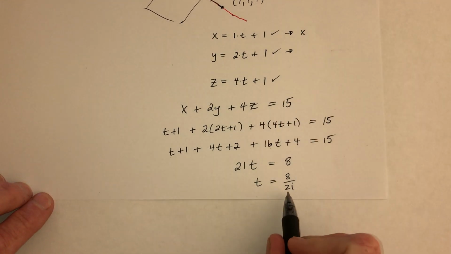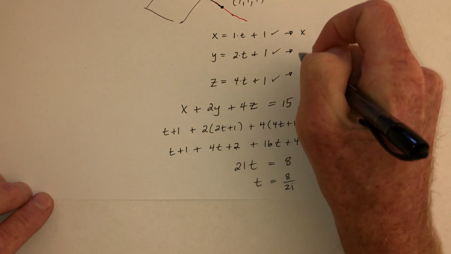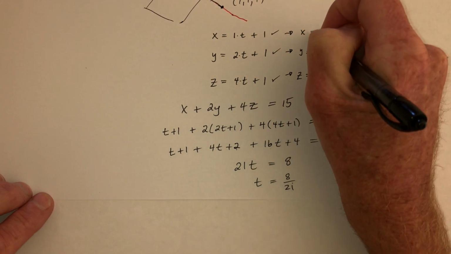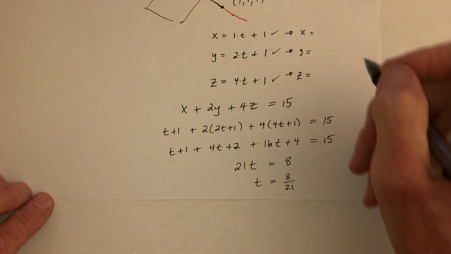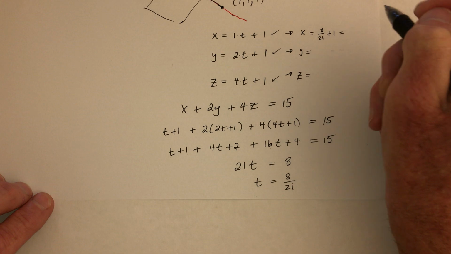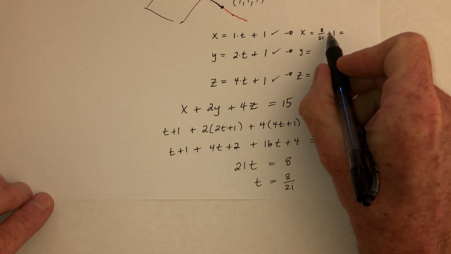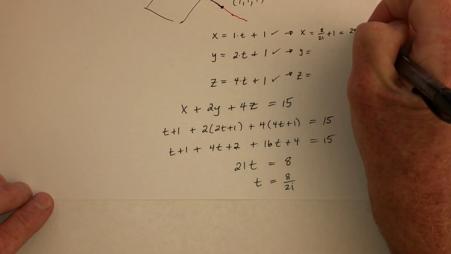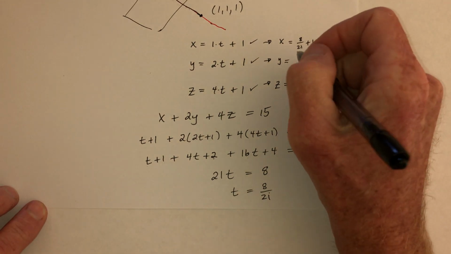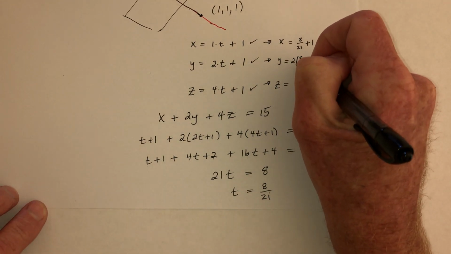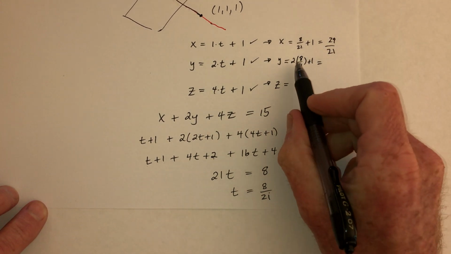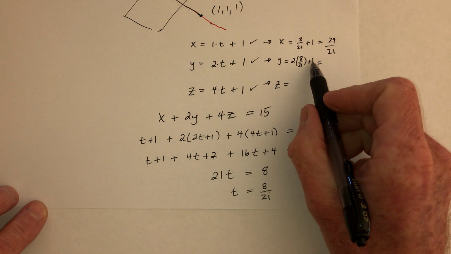Okay. So now all we need to do is plug in the t equals 8 over 21, and then we could find out what x equals, y equals, and z equals. So this would be 8 over 21 plus 1. So that would be 21 over 21 plus 8 is 29 over 21. This one would be 2 times the 8 over 21 plus 1. So that would be 16 over 21 plus 21 over 21.